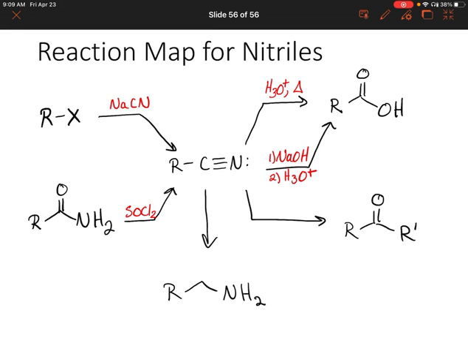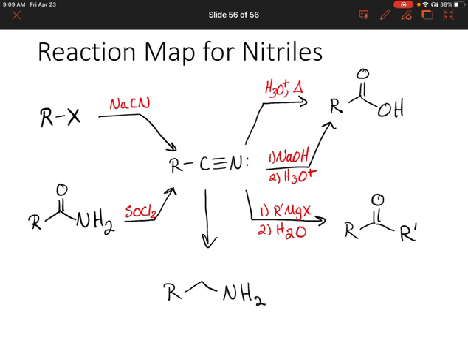And then how do we form a ketone from a nitrile? So we said we would use a Grignard reagent followed by water. And remember, water acts as the nucleophile in the second part of the reaction.